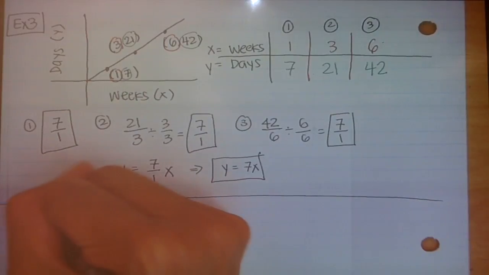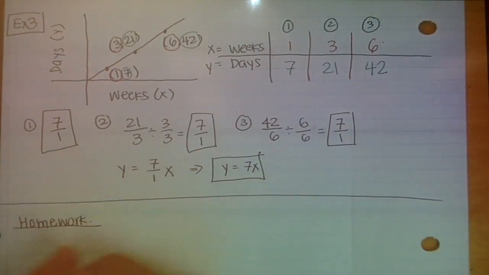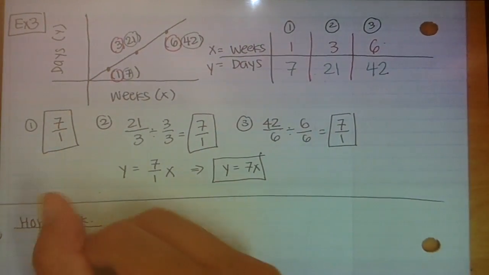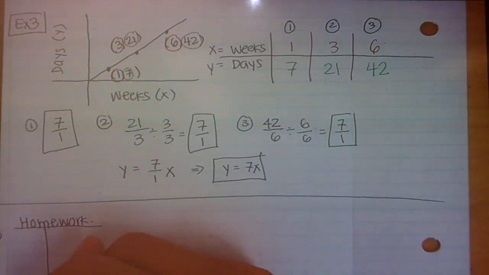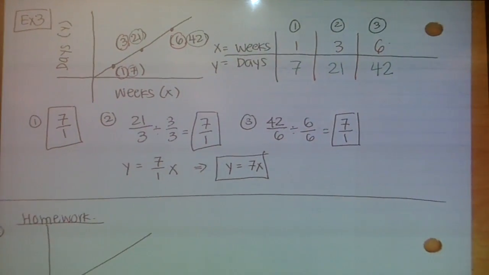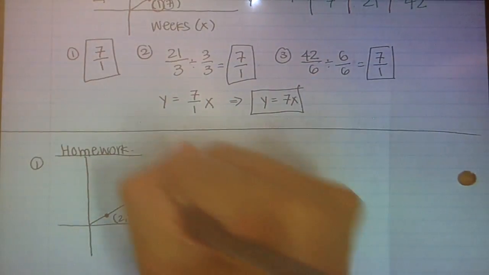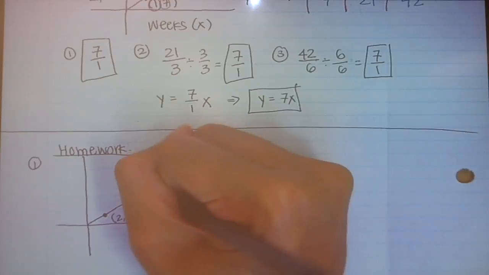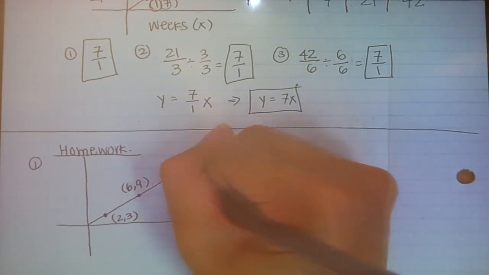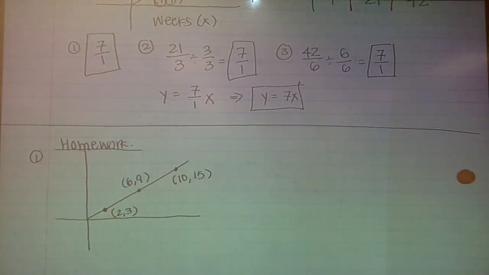Okay, the homework. Do 2, 3, 6, 9, and 10, 15. Write the equation on a separate sheet of paper.